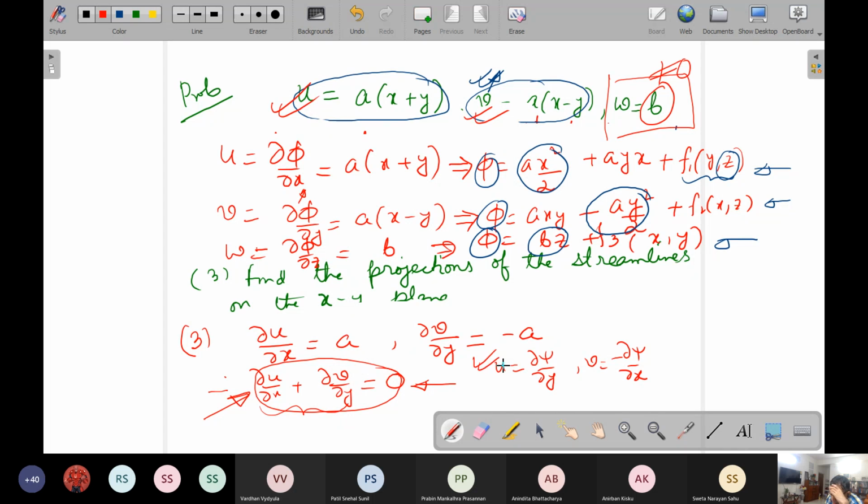But here we can see that it is not a two-dimensional flow. Incompressible, again it is incompressible flow, no doubt about it, but it is not two-dimensional. It's three-dimensional. So it is actually three-dimensional plus incompressible.